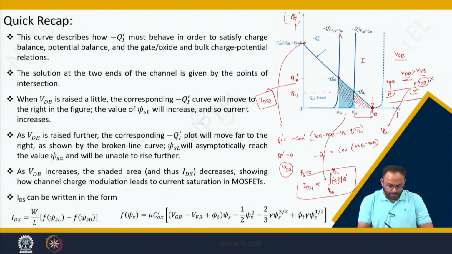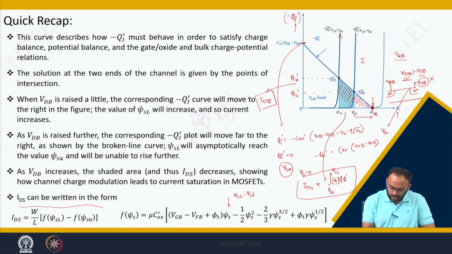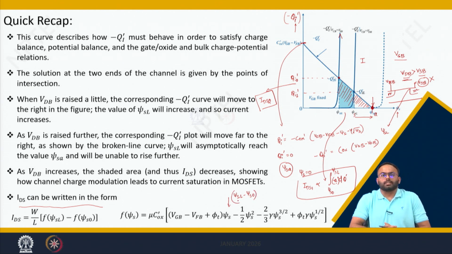We have seen in previous lectures that the current can be rewritten as a function of psi sL minus psi s0, and we found that if we interchange psi sL and psi s0 by changing the terminals of drain and source, then the MOSFET shows symmetry.